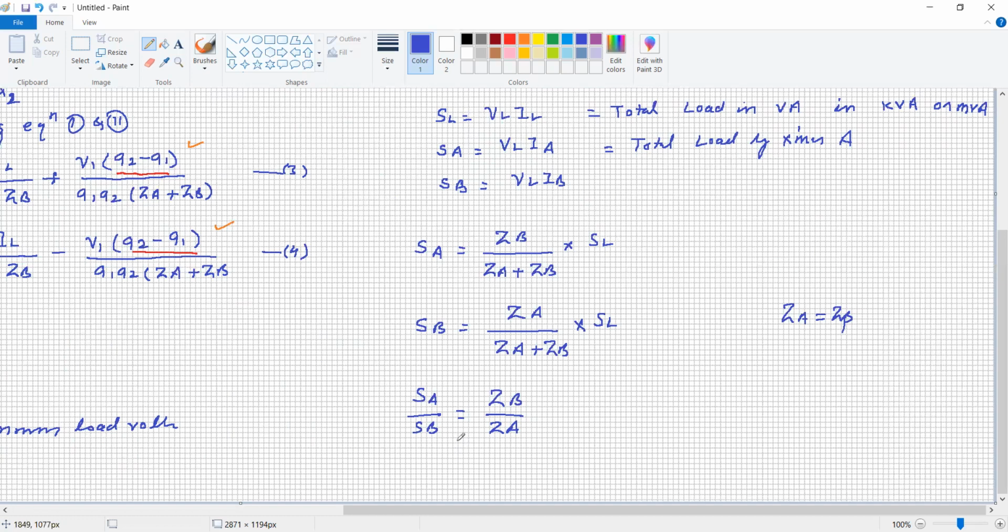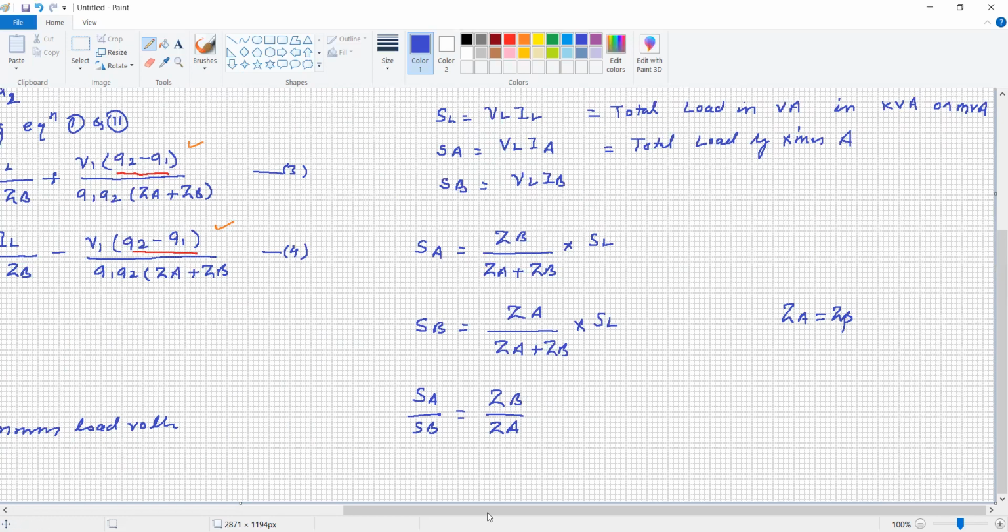If ZA and ZB are different, if ZA is more, ZB will supply more power. If ZB is more, ZA will supply more power. So if the impedances are the same and the turns ratio is the same, the transformers supply power as per their capacity.